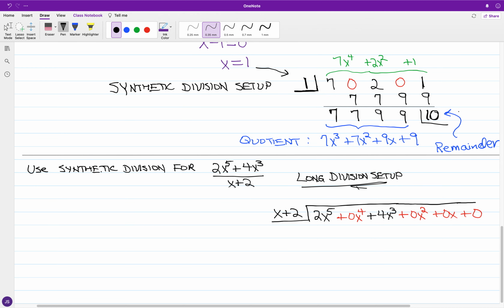Now, again, we're going to use synthetic division. For the divisor x plus 2, in the synthetic setup I'm not going to use 2 or x plus 2, but the zero of x plus 2, so I'm going to have negative 2.